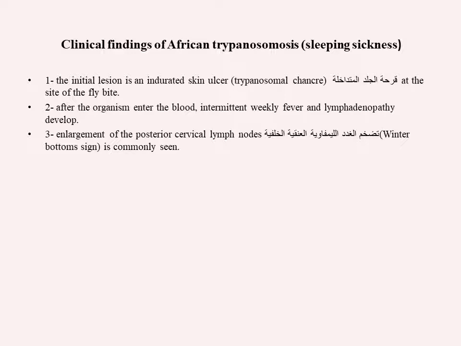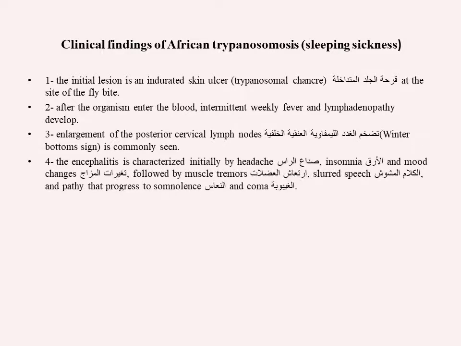Enlargement of the posterior cervical lymph nodes, Winterbottom sign, is commonly seen. The encephalitis is characterized initially by headache, insomnia, and mood change, followed by muscle tremor, slurred speech, and apathy that progress to somnolence and coma.